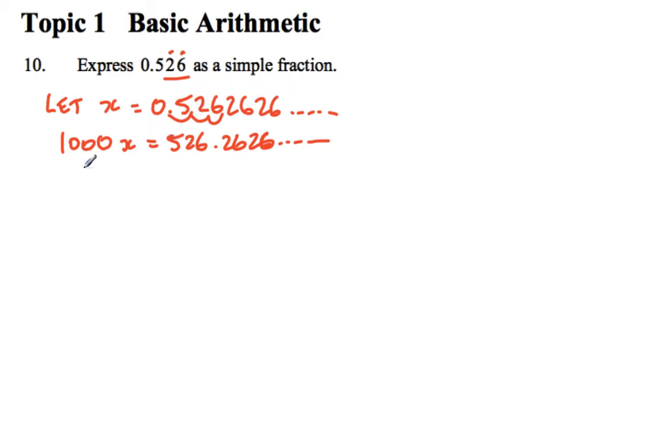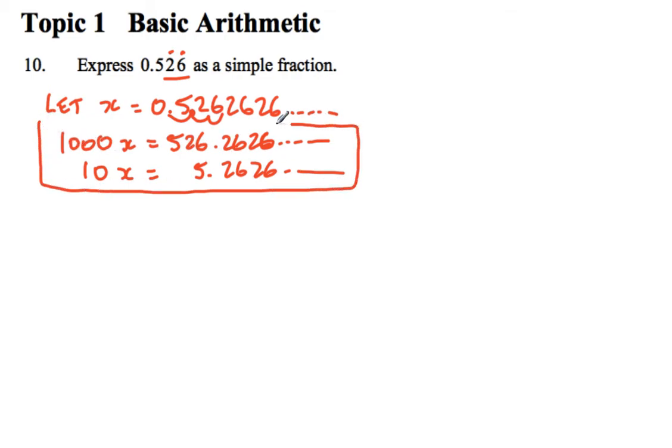So I'm choosing 1,000 to multiply it by, and also 10. If I'm multiplying it by just 10, it's going to just move it to here. So can you see that that will create a 5.2626 onwards. And I'm going to then use this section here to subtract and cancel out my decimal bit.